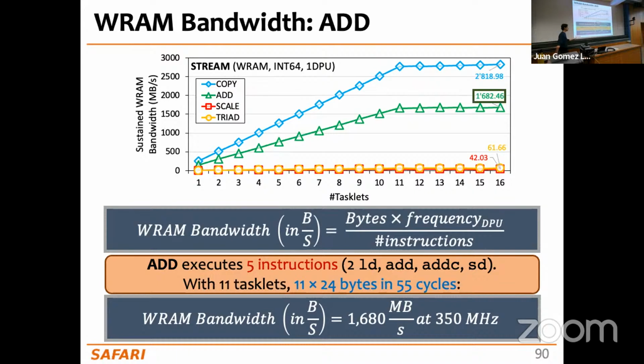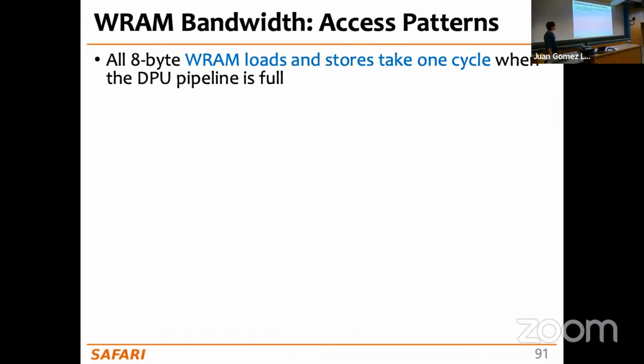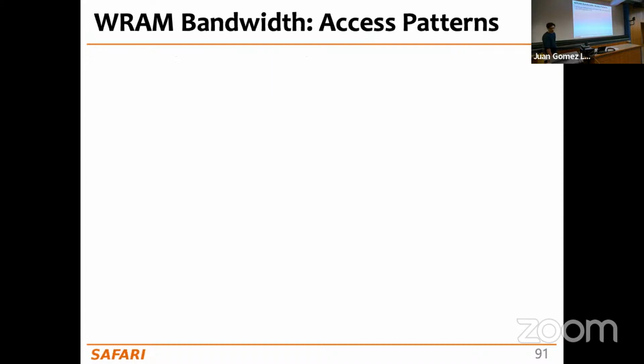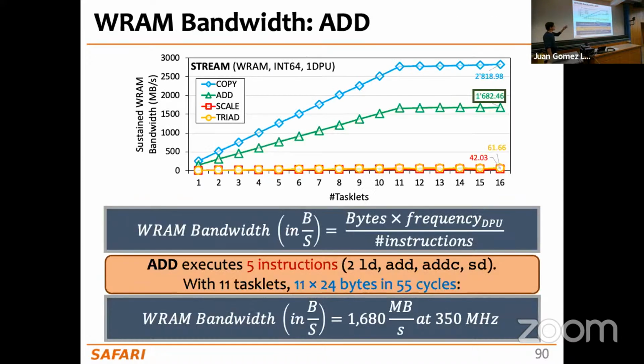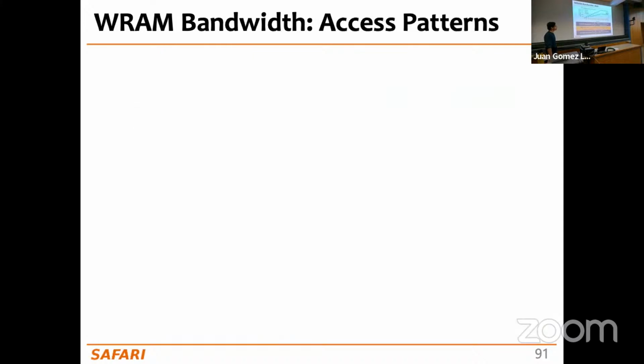In addition, we need to load, we need to add, we need add-with-carry as well, because we are operating on 64-bit integers, and then we need to store. So in total, we have 5 instructions for this amount of data that we move in each iteration. So that's how we estimate the WRAM bandwidth. Those are the analyses for copy and add. For the other 2 it is more or less the same.